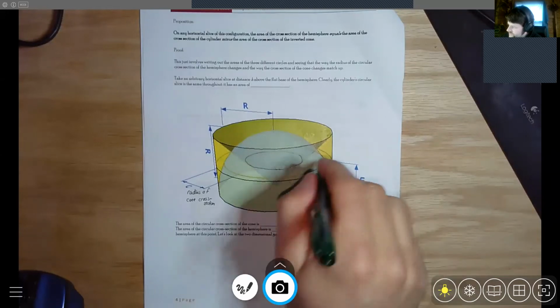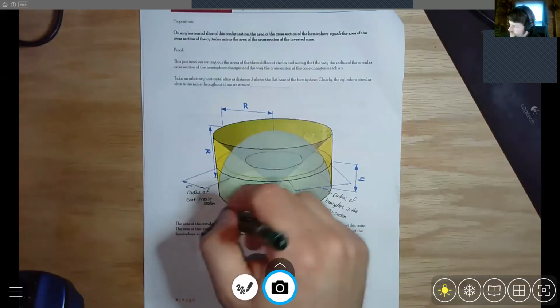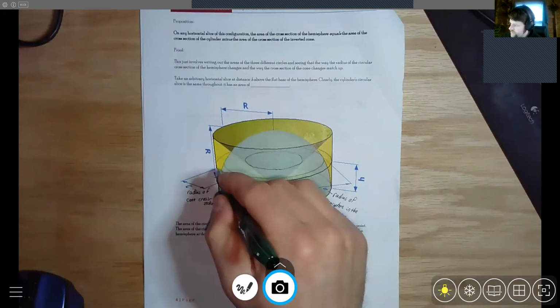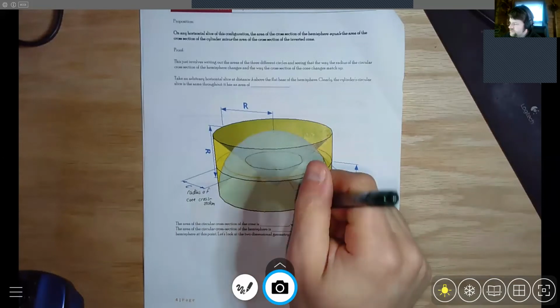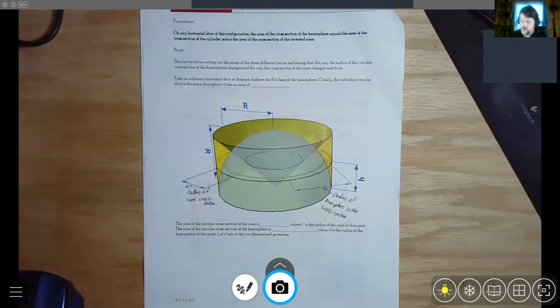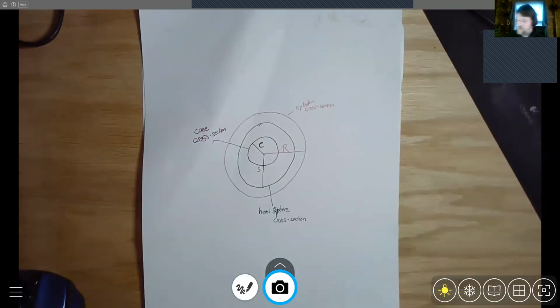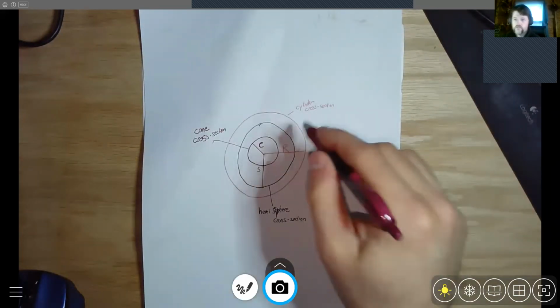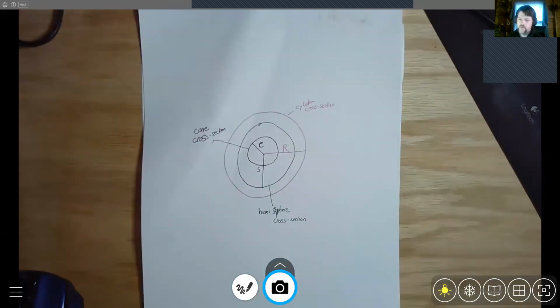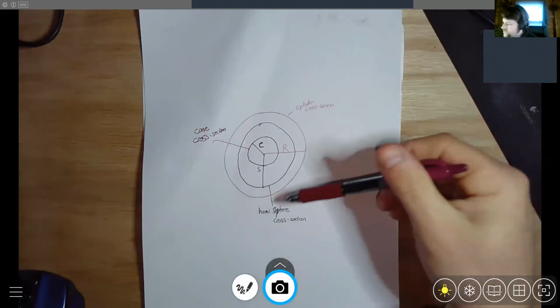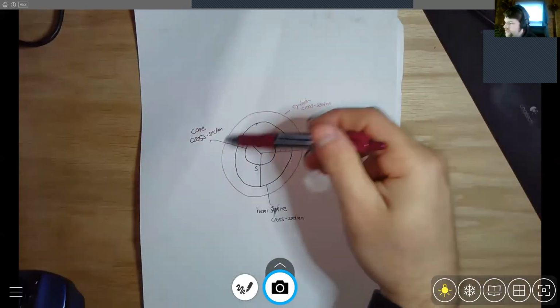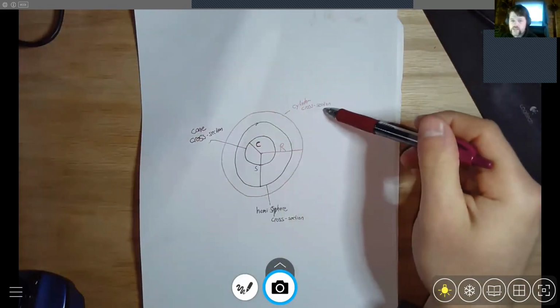And then obviously the cylinder has the same radius all the way up and down. So the radius of the cylinder at the cross sections are. So I drew a top view. If you're looking down, so you cut the slice out and it's lying there flat on the table, you'll see that this outside is the cylinder cross section.